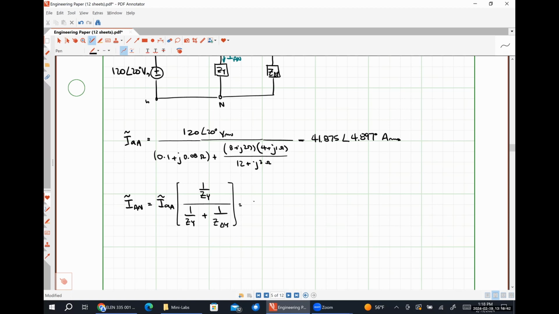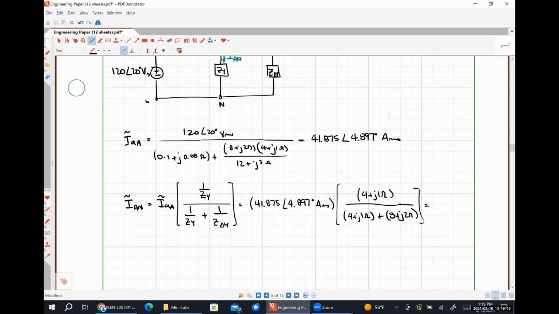Which is going to look like 41.875 angle 4.897 degrees amps RMS times 4 plus J1 over 4 plus J1 plus 8 plus J2.